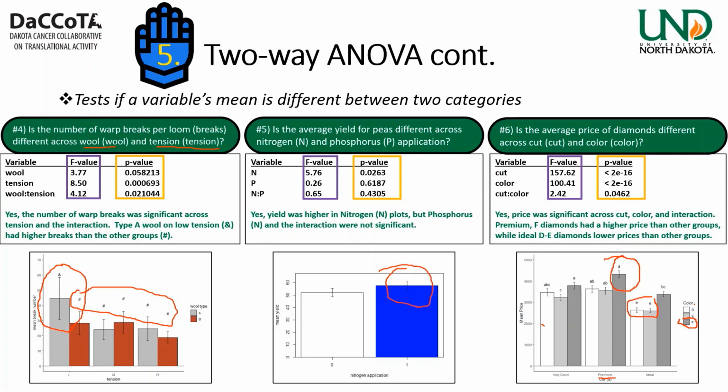It's probably because there are other things going on that we aren't modeling here, like say probably size, but you can see here that definitely color and cut do play an effect.